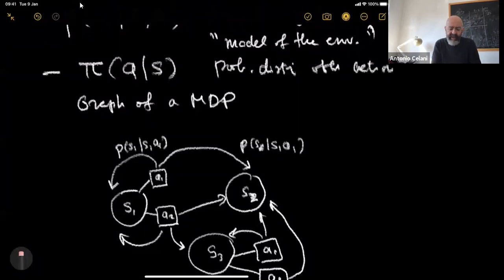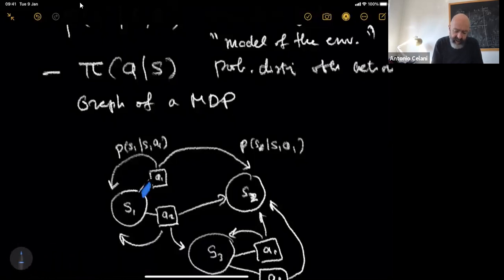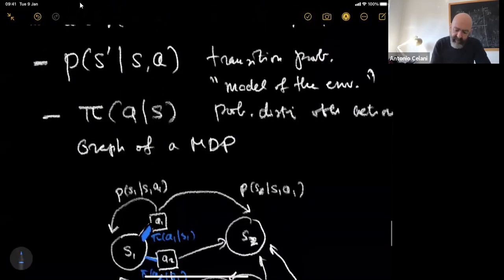So how much weight you put here, like the weight you put on this action, not this one. The weight you put on these actions is the probability of picking action 1 given state 1. And the one that you put here, maybe smaller, is the probability of taking action 2 when you are in state S1. Okay. This is called the policy.